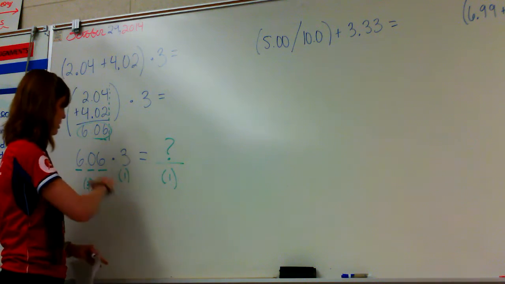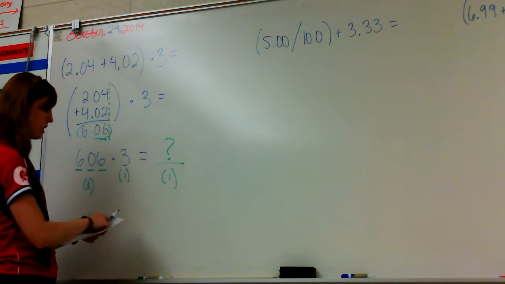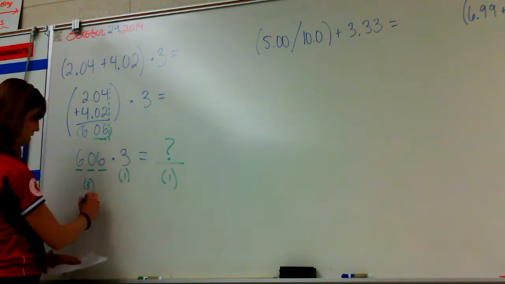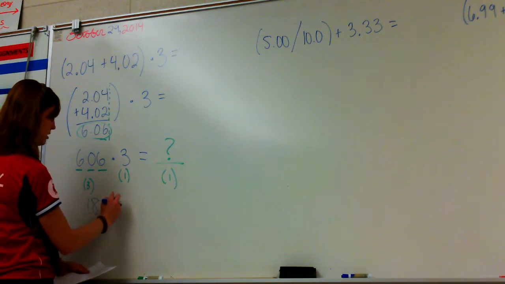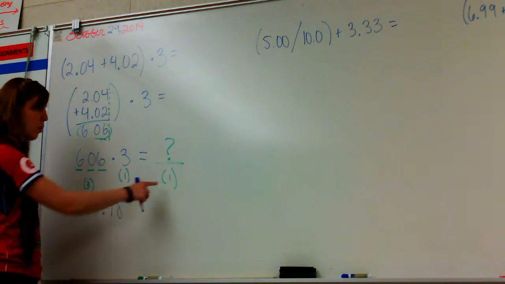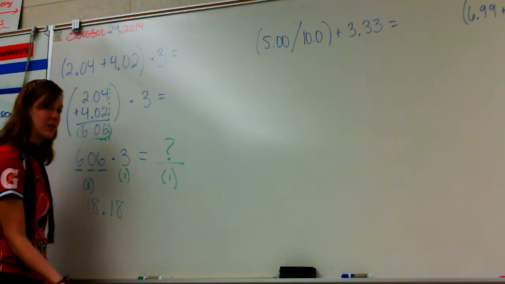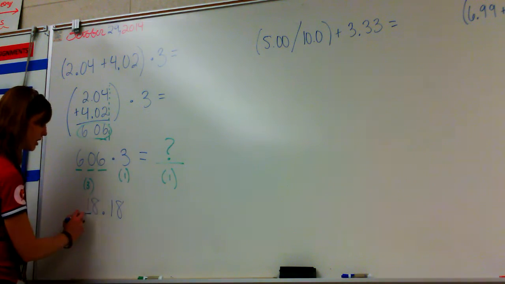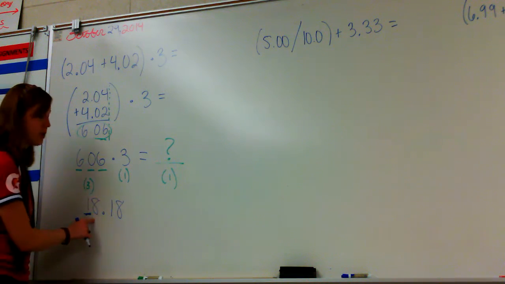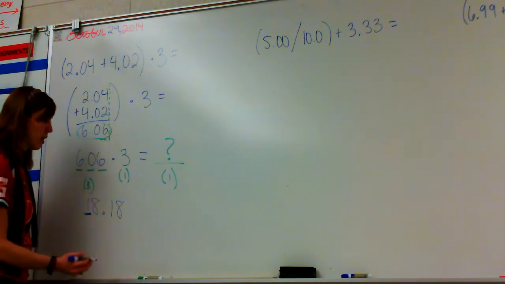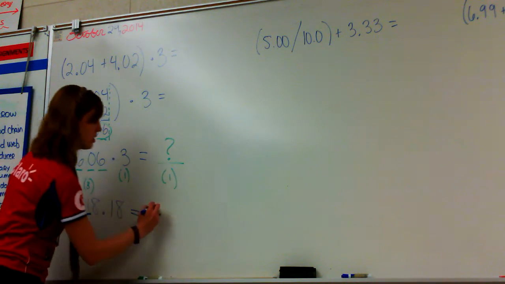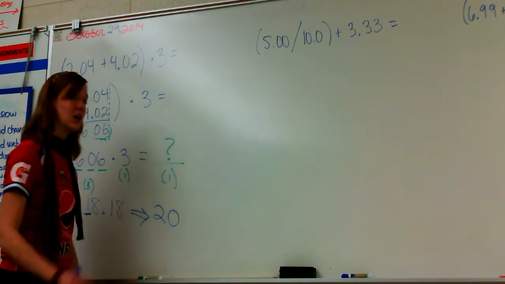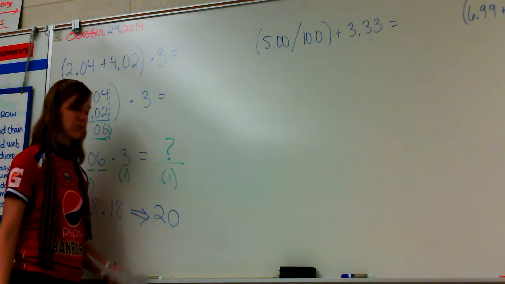So when I put 6.06 times 3 in the calculator, it tells me 18.18. But I'm only allowed 1 significant digit. So I'll pick that first number. Now this is an 8, so I'm going to round up, which means my final answer is actually going to be 20 with no decimal place.